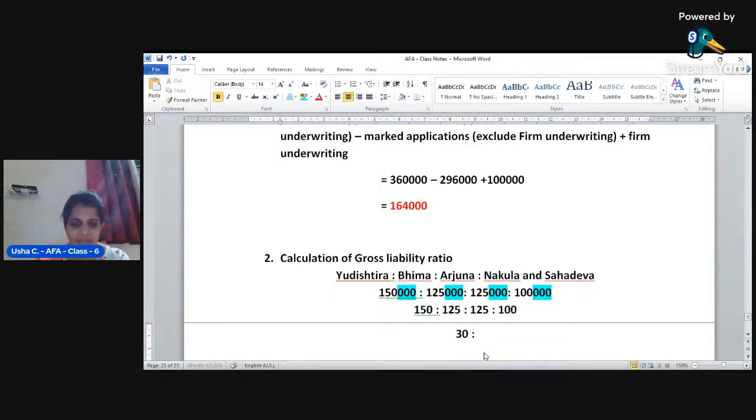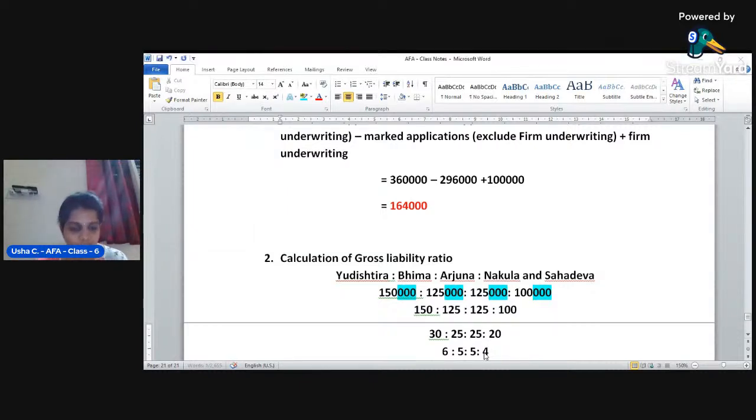Next, 5 fives are 25. Next, again 25. Next, 5 twenties are 100. Again, you can simplify one more time by 5. That is 5 sixes are 30, 5 fives are 25, 5 fives are 25, then 5 fours are 20. 6 is to 5 is to 5 is to 4.